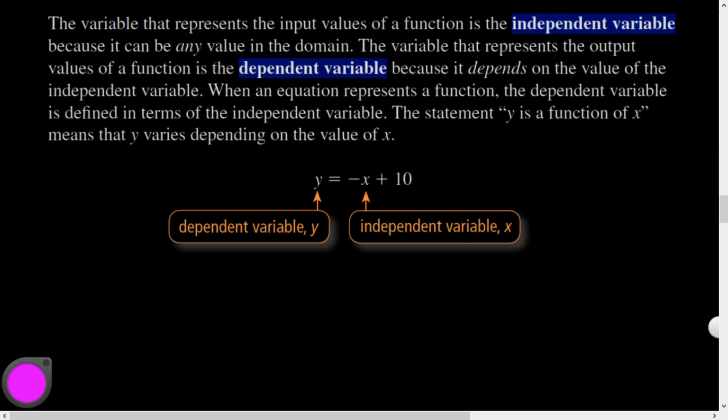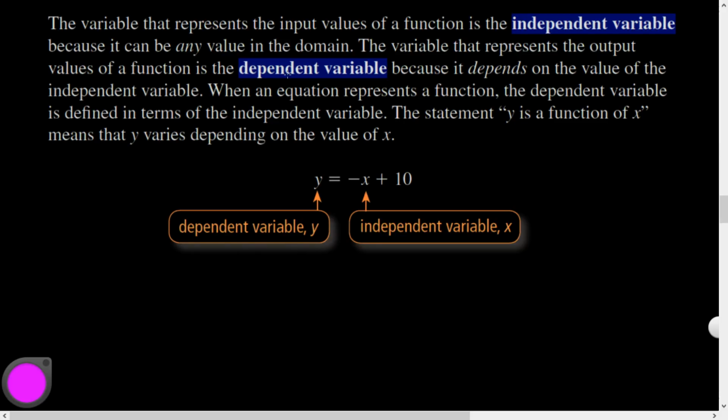The variable that represents the input values can be called the independent variable, because it can be any value in the domain, right? I pick the input. I pick the bread going into my toaster. The toaster didn't force me to do that this morning. But once I put bread in there, what comes out of that toaster is only going to ever be one thing.